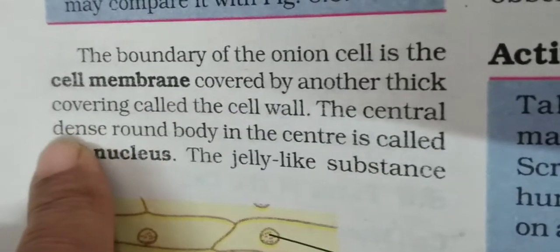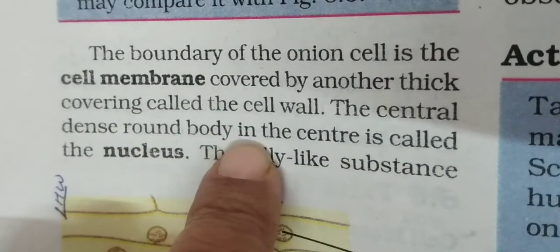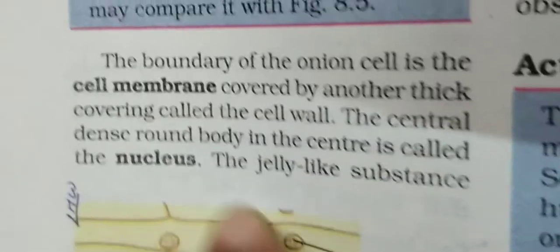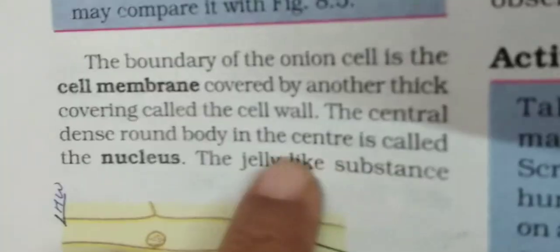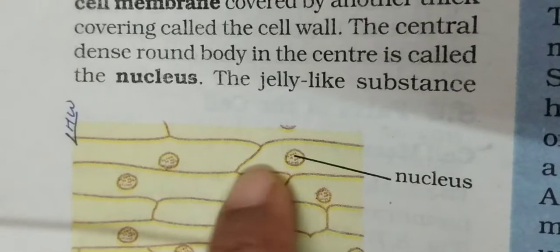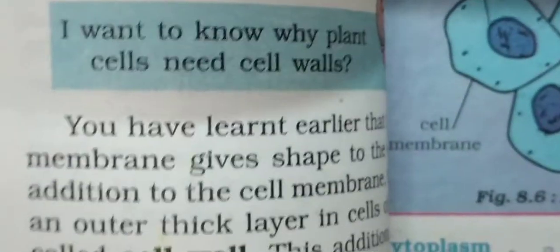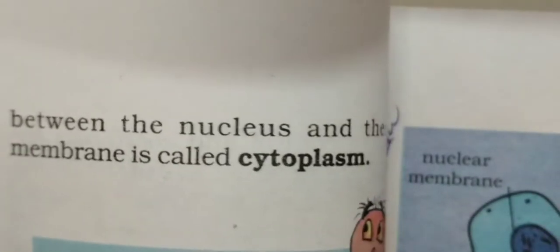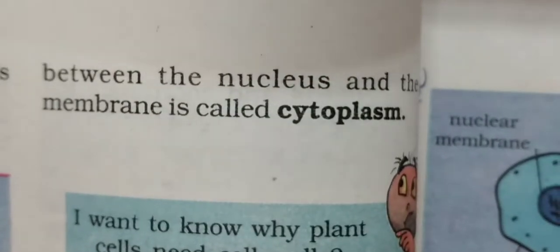The central dense round body is called the nucleus, as I showed you, and the jelly-like substance which is enclosed within the cell membrane is nothing but cytoplasm.